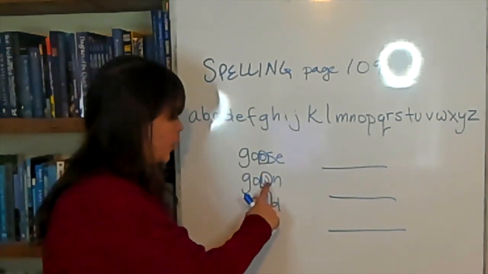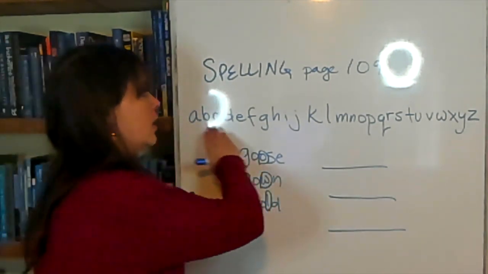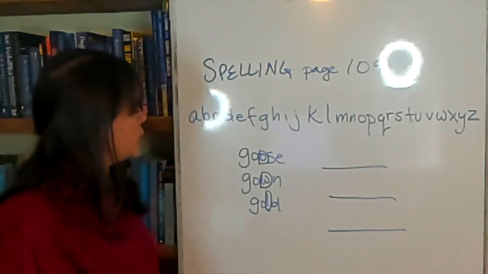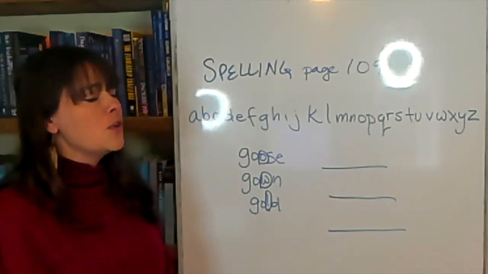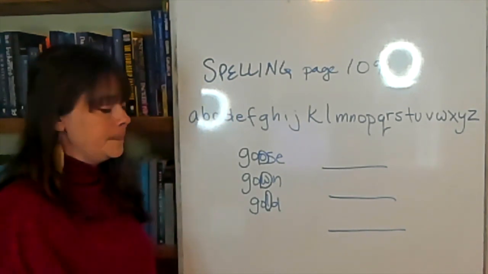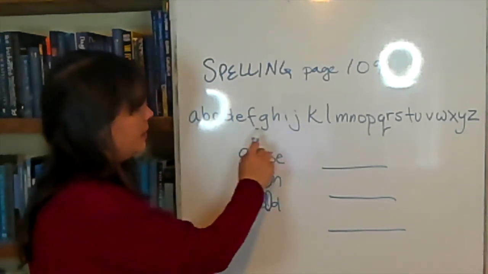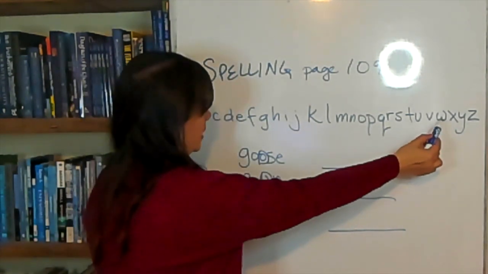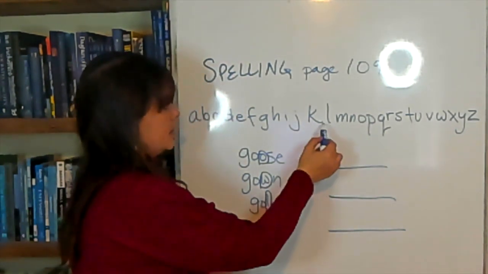So judging by their third letter and using our alphabet right up here to guide us, which one of these words comes first in alphabetical order? We can look up here. We can find O is here. Oh, W is way down here. But L is right here.